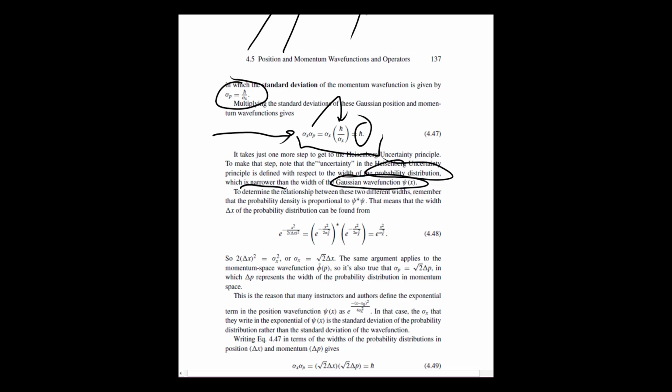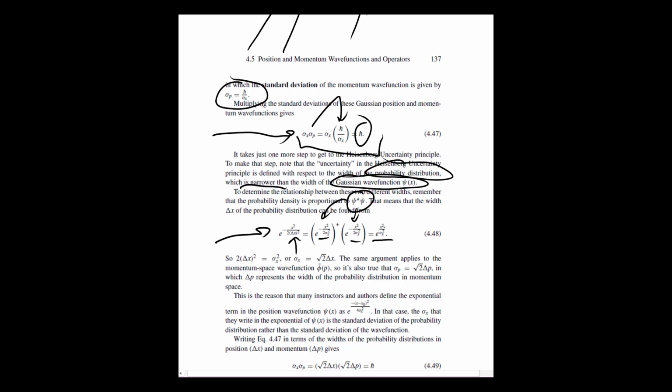That's because the product of two Gaussians is also a Gaussian, so we'll write the probability density function as a Gaussian with standard deviation delta x. Set that equal to psi star psi, plug in psi star, plug in psi, and when you multiply those, you add the exponents, and you get this.